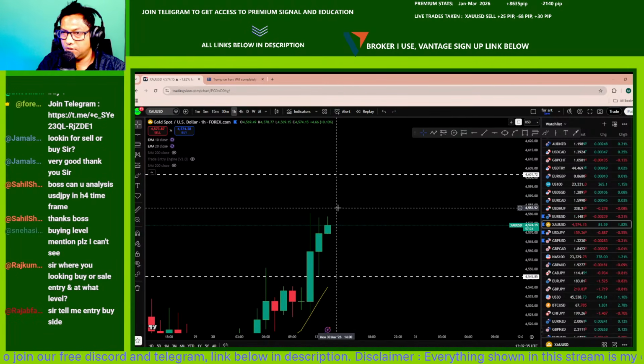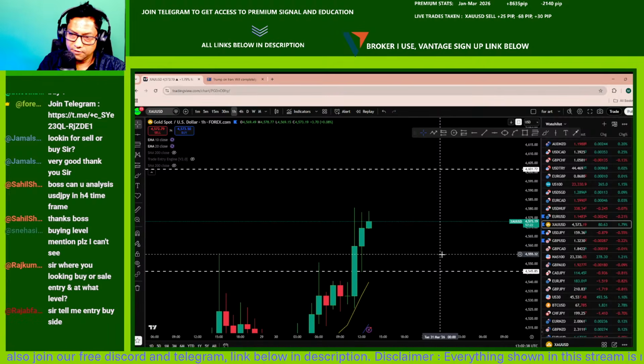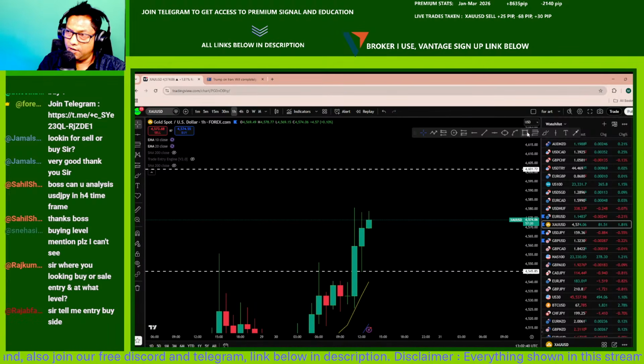Okay, here is the level that we can see in this area, which is a key support level.